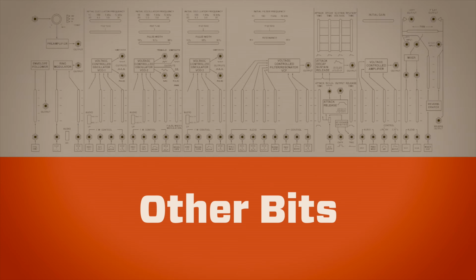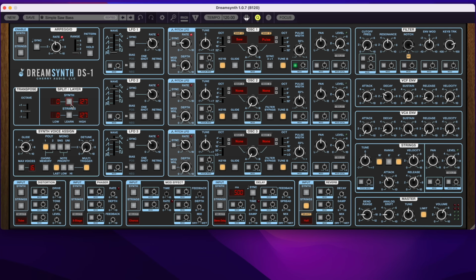We've got split and layer, so the synth can play on different keys in the string. If I just put the synth on some low ones, I'm just hitting the keys there, the string will play on the higher ones. And we sort of touched on the voices earlier. We've got single, unison, detune, different note priorities, a chord memory, and polymodes 1 and 2. I'm not sure what the difference is, but I'm sure it'll be in the manual when it comes out.